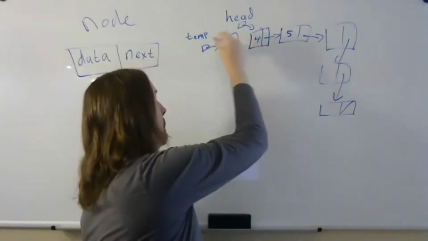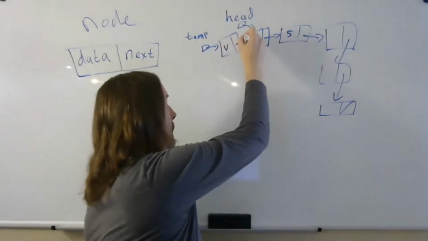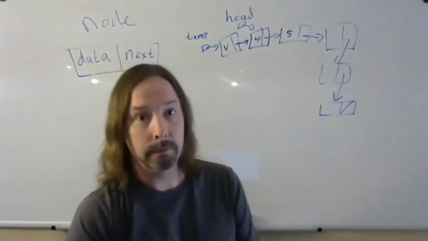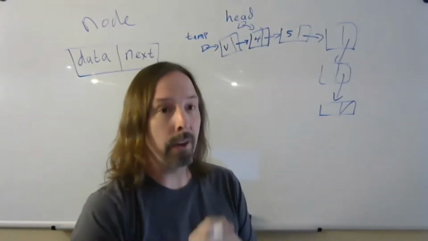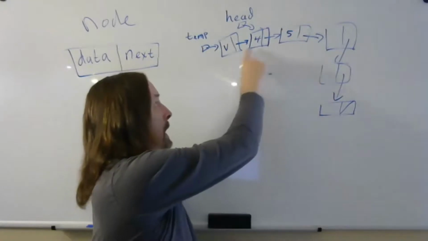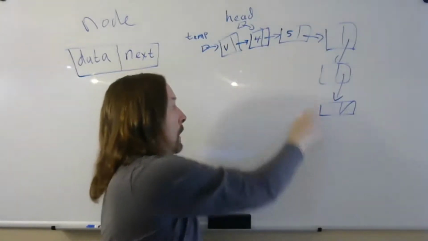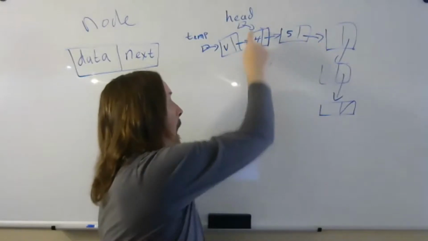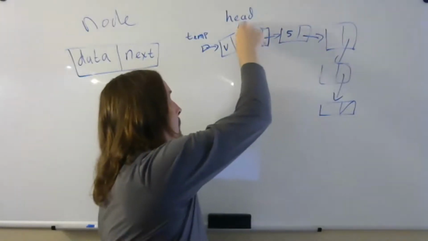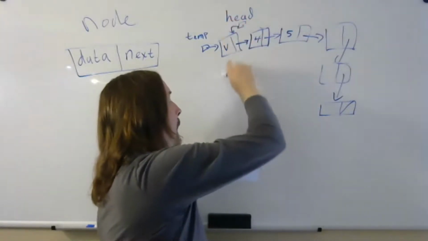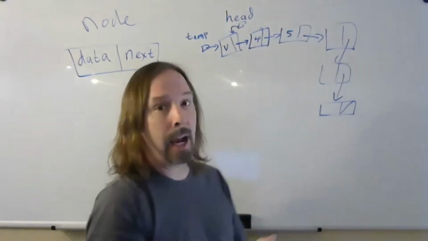So the next step is to set temp.next equal to head. And now that I've got this node pointing, and now this node is anchoring the rest of the list, now I can set head equal to temp, and now the whole list is intact.